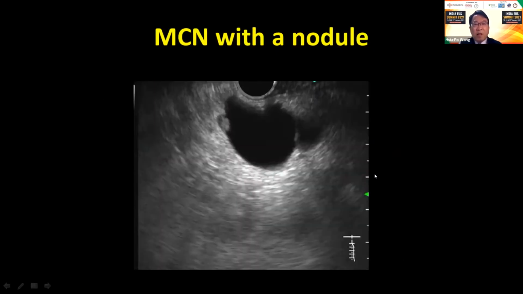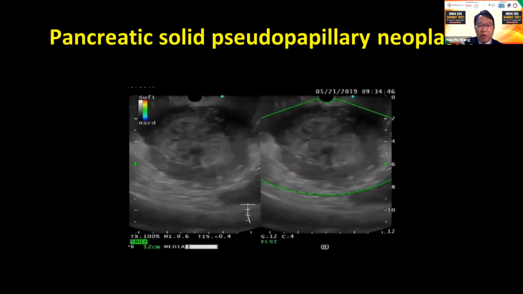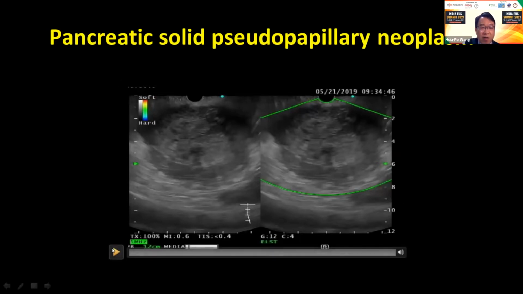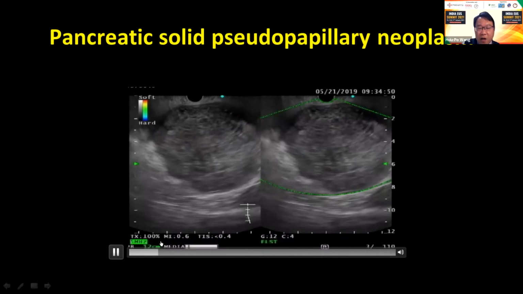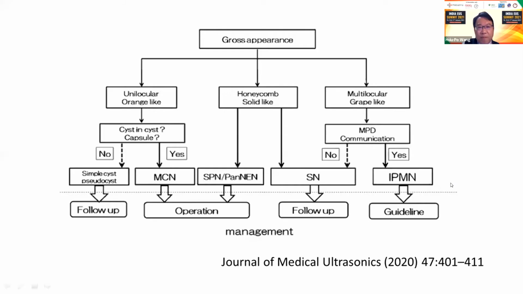And this simple cyst with a mural nodule is MCN with a nodule. Some tumors with a degenerated part look like a cystic tumor, for example, solid pseudopapillary neoplasm. And also we have cystic neuroendocrine tumor and necrotic pancreatic cancer.